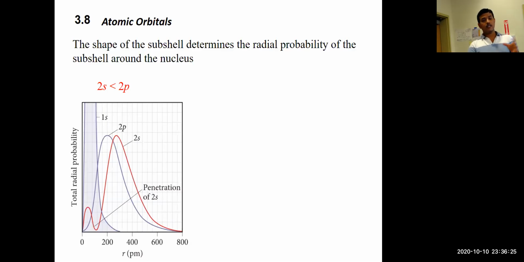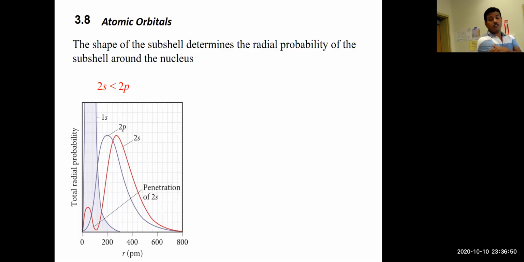So what you're seeing is that subshell S experiences much more radial probability than subshell P, because the shape of the S subshell allows it to have much bigger electrostatic attraction with the nucleus's positive charge.